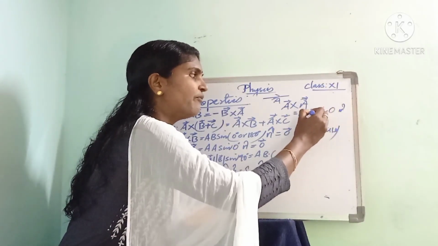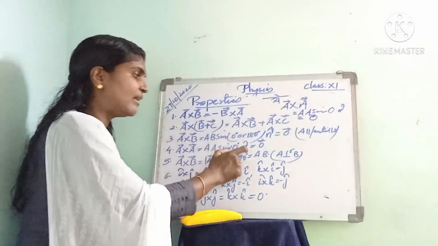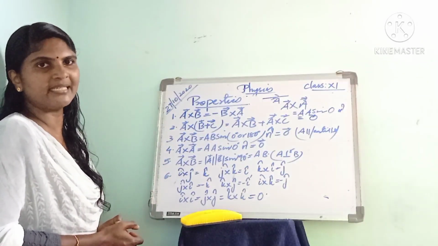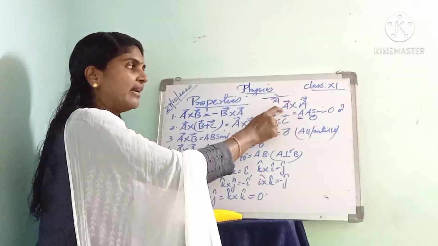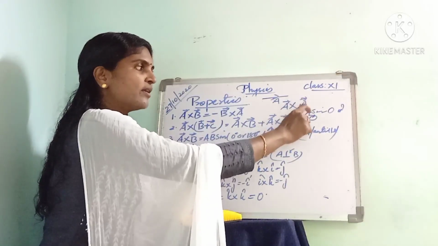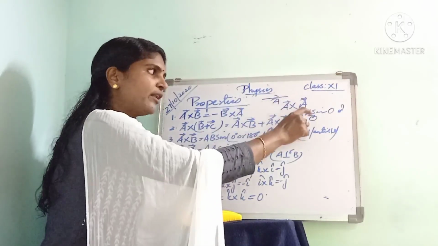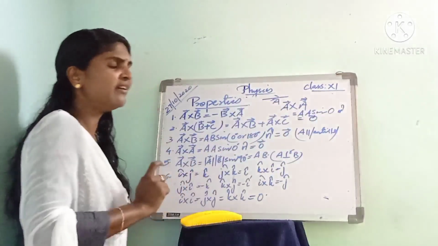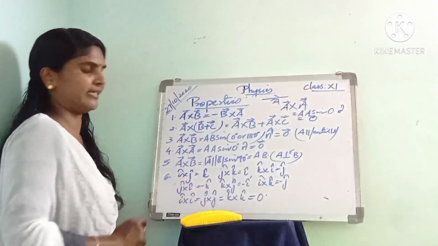Again we will get 0 vector. So the cross product of a vector with itself is again a 0 vector or a null vector. This can be written as modulus of A into modulus of A into sin theta into n cap. Modulus of A is A, again modulus of A is A, then the angle is 0, so sin 0. So we will get 0 vector. So the cross product of a vector with itself is actually 0 vector.